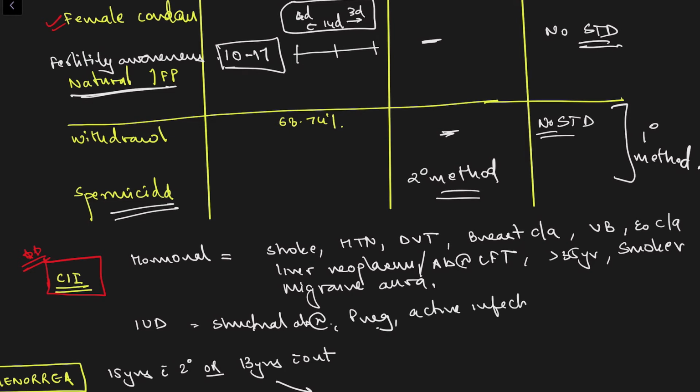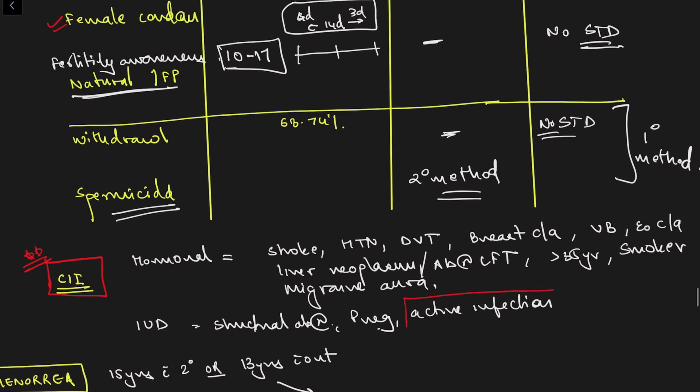Now, what is the time period within which it is not inserted? So, within 3 months of infection or any active infection, we do not insert any foreign body inside the uterus, as it will only complicate matters. Then, unexplained vaginal bleed or uterine bleed, then suspected gynecological malignancies, right?